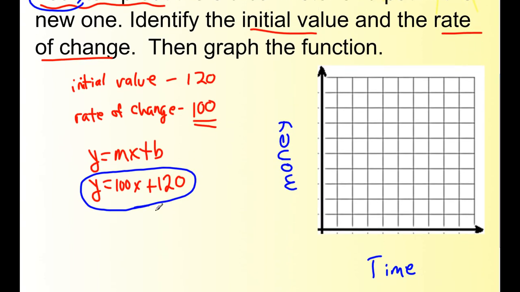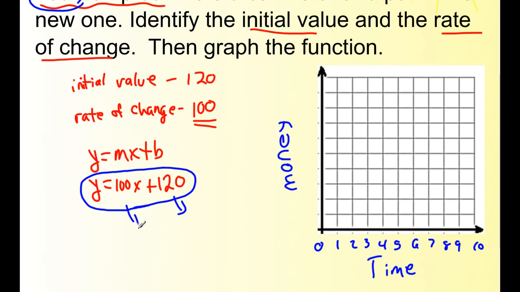Okay, so time. Well, I don't exactly know what my unit of time is going to be. I assume it's going to be something just like 0, 1, 2, 3, 4, 5, 6, 7, 8, 9, 10. Well, let's try that. And as far as my y-axis, my scale here, well, my initial value is 120.